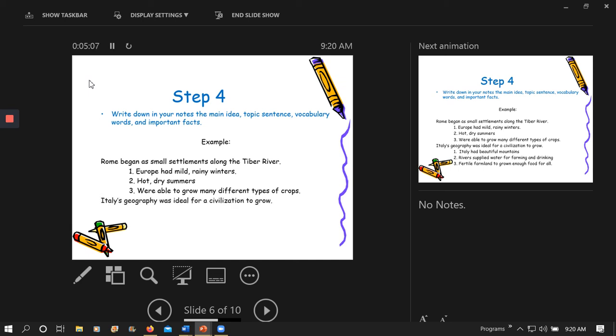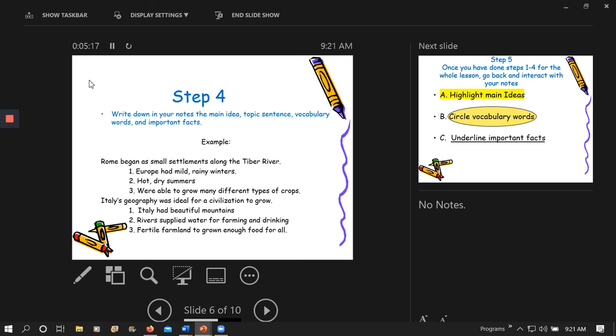Italy's geography was ideal for a civilization to grow. Beautiful mountains, rivers supplied water for farming and drinking, fertile farmland to grow enough food for all. Okay? So you can see, you go back and you get the main ideas, you get the details, you write them down. Okay?